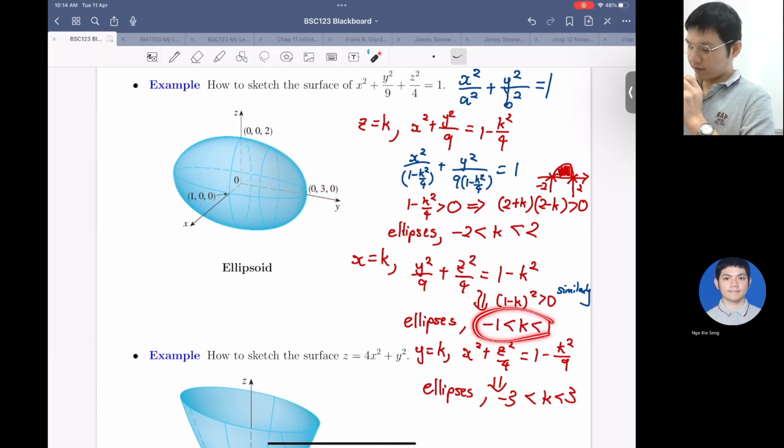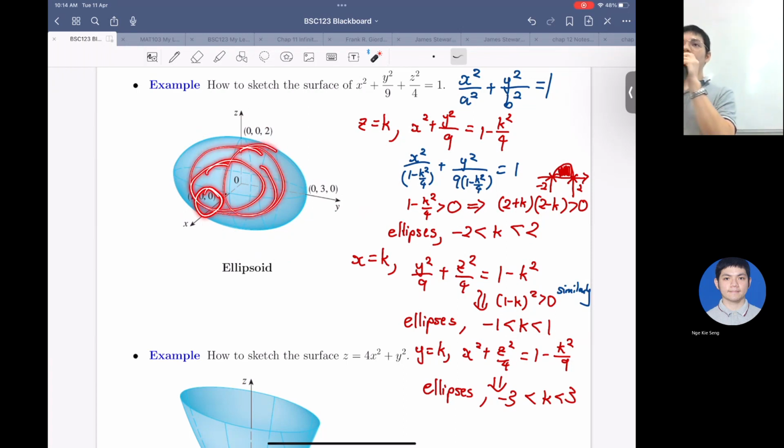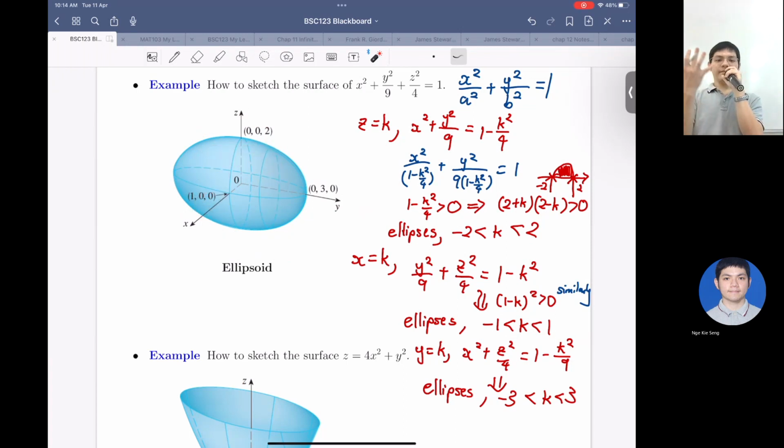For x you have 1, 0, 0 and -1, 0, 0. All of them give an ellipse, and another ellipse, and the other side an ellipse. Altogether you get something like a rugby ball. Is it rugby? Yeah.